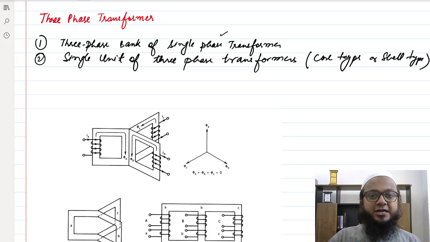The bank of single-phase transformers is actually made of single-phase transformers, which can be core type or shell type, but for the single unit of three-phase transformer we generally prefer core type.